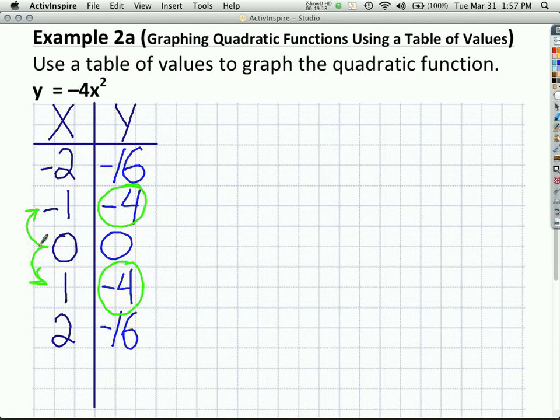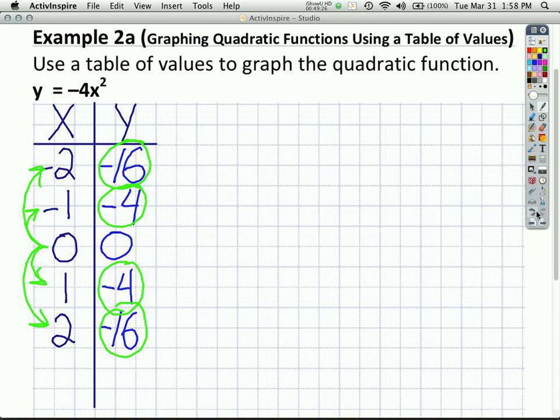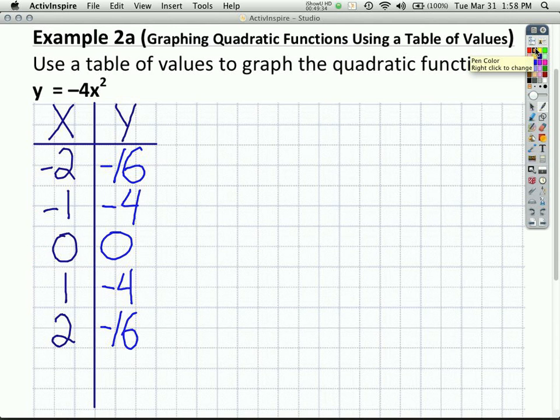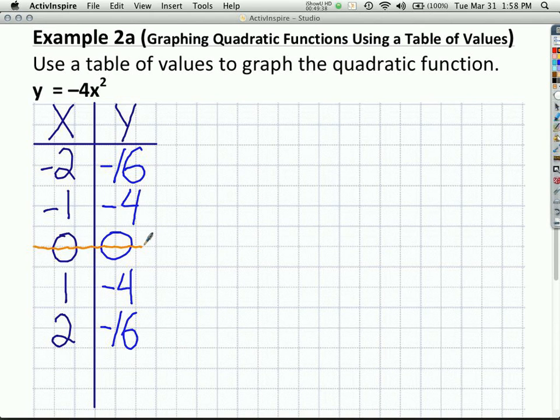And if you make the distance from here the same as the distance to here, these 2 values will mirror each other. In fact, for a parabola, the vertex, the middle, is actually a mirror. This is a mirror right there. And the top will mirror to the bottom. Any questions about that?